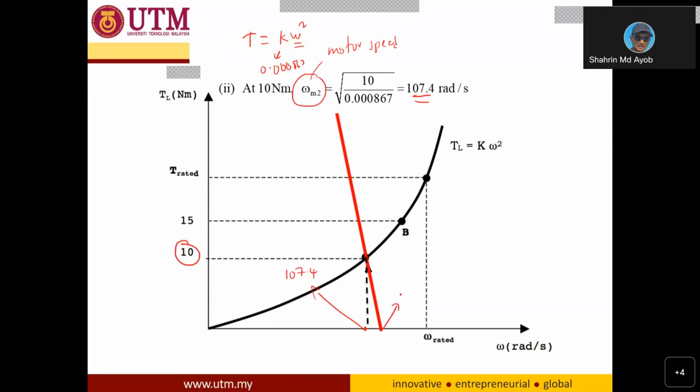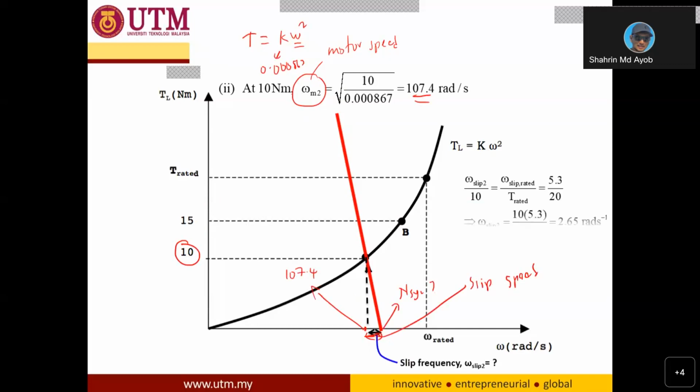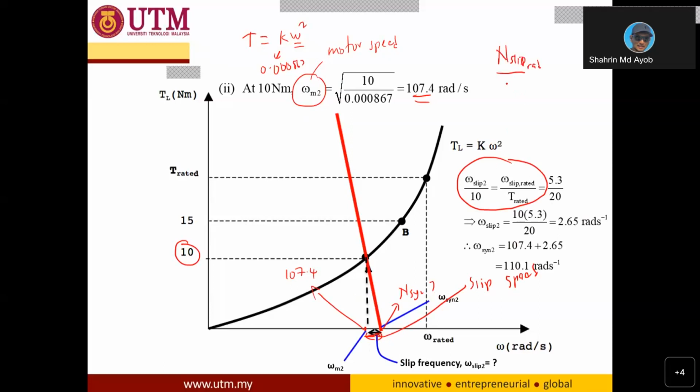And then what is your synchronous speed kat sini? This one you need to know the slip speed or slip frequency lah. Okay. Sama, you need to use this relationship. Slip speed versus torque, and slip rated over T rated should equal N slip new over torque new. Okay. To get the difference tu, just tambahkan saja.